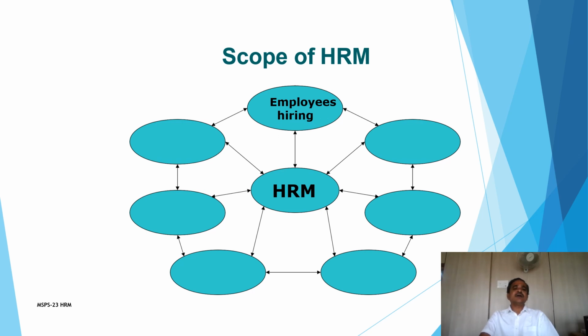The first scope of HRM is employee training. Under employee training, we enhance the competency of our own employees based on appropriate training need identification techniques. After identifying the gap between actual performance and required performance, we have to address that gap through various means of training.